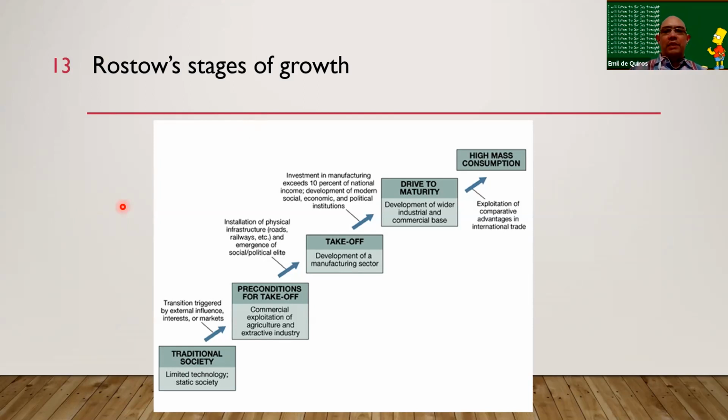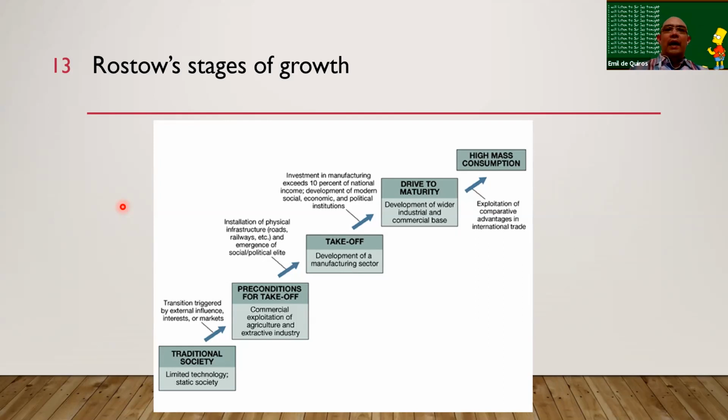And eventually, people start transacting, selling, and then they go to the next stage. Then agriculture is no longer just subsistence. Subsistence means it's for your own survival. People start exploiting it for commercial purposes, to earn money in exchange for higher standards of living.